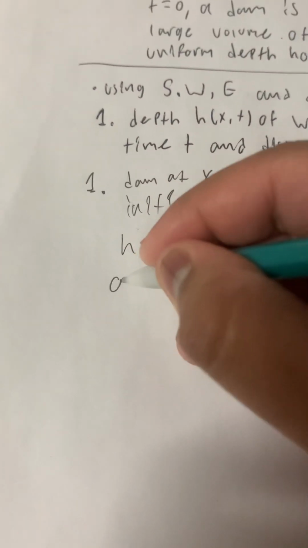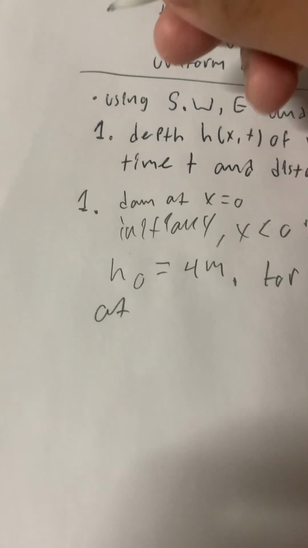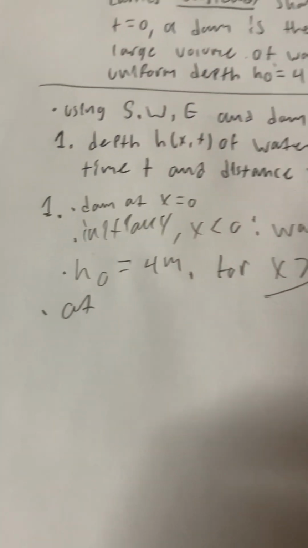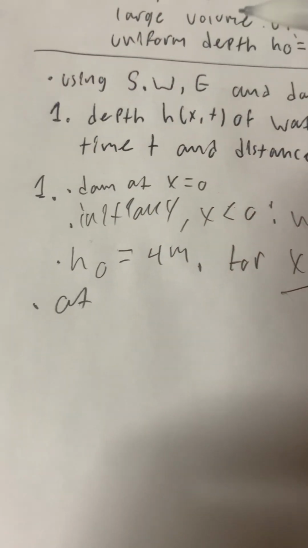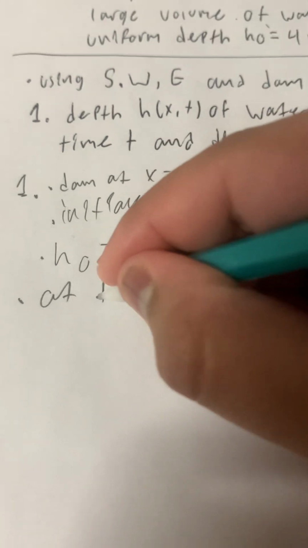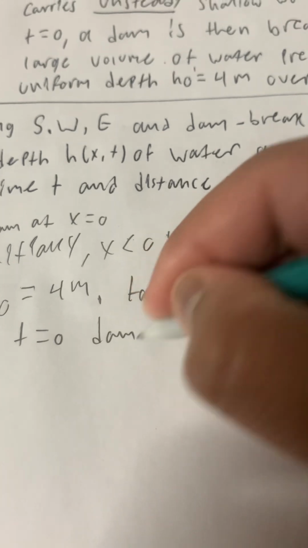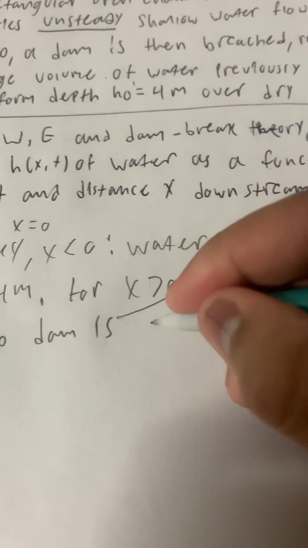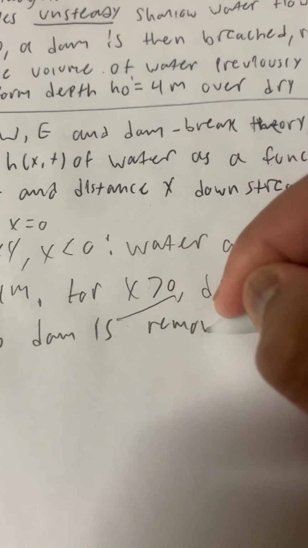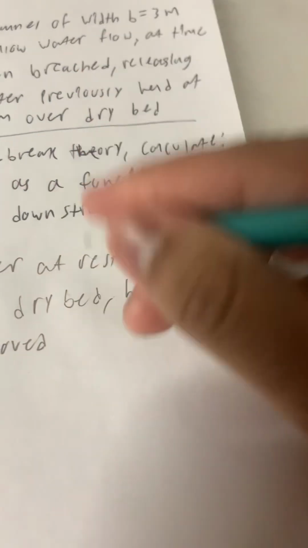Okay, that helps you understand better, hopefully. At t equals 0, the dam is removed.